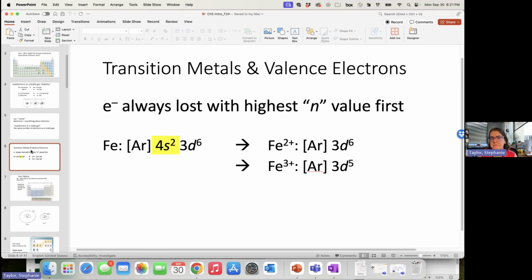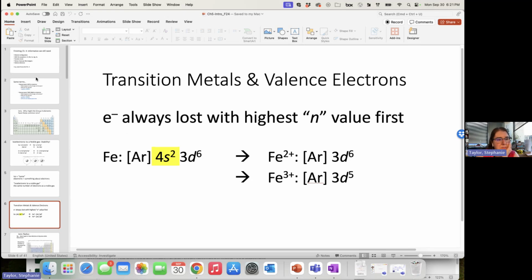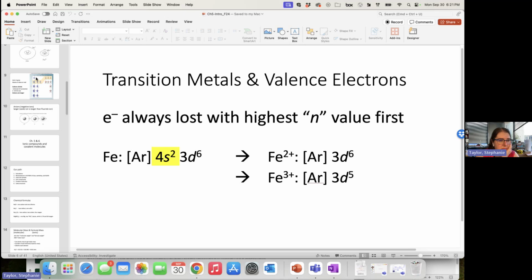This is also electron configuration of ions, and electron configuration of ions is one of the topics your textbook spends a lot of time on. So I would be okay with that.